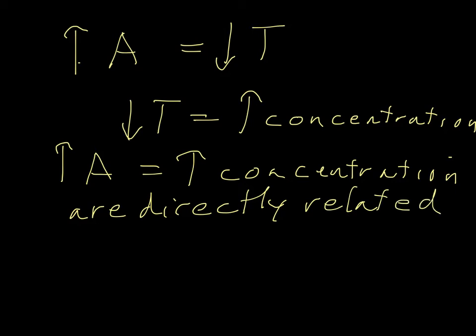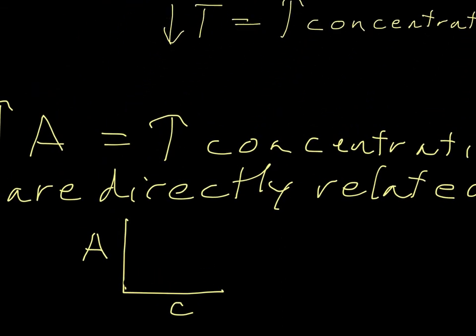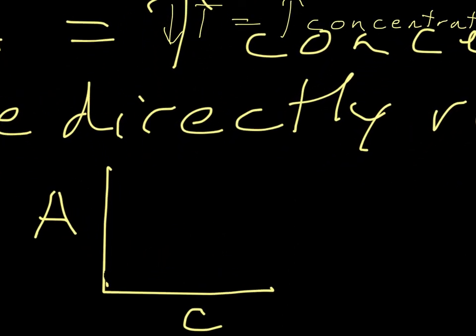It turns out that that is indeed the case, that if you plot absorbance versus concentration, you get a graph that looks like this. I'm going to blow it up here.